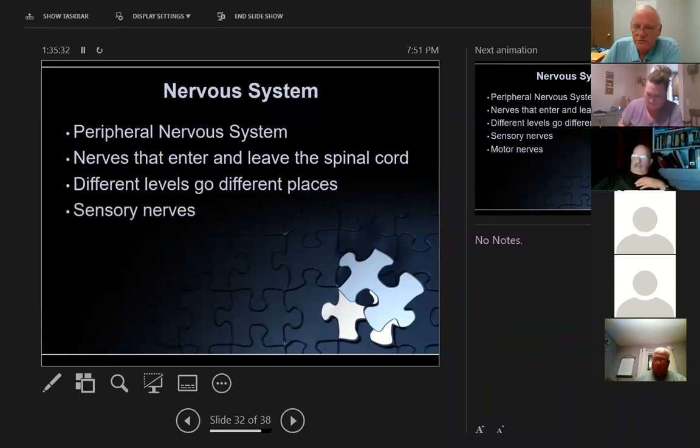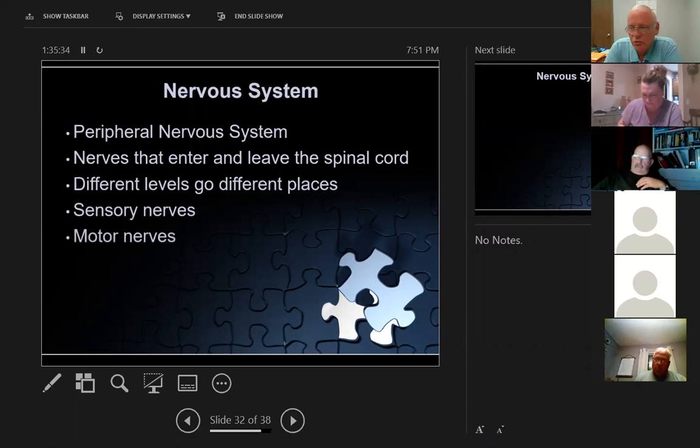So we have 2 types of nerves: sensory nerves and motor nerves. Sensory nerves are the ones that send sensations back to the spinal cord to be routed to the brain. An example would be if I put my hand on a hot stove, the sensory nerves are going to pick that up, send a signal to the spinal cord, which bumps it up to the brain, and the brain hears, oh, this dummy put his hand on a hot stove.